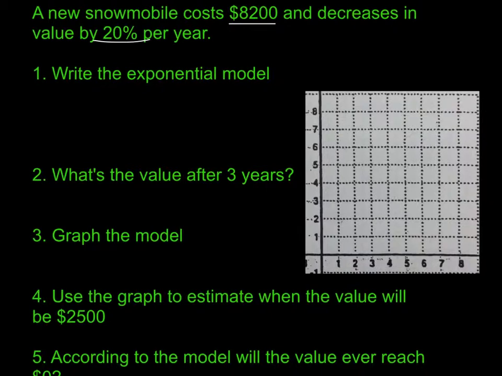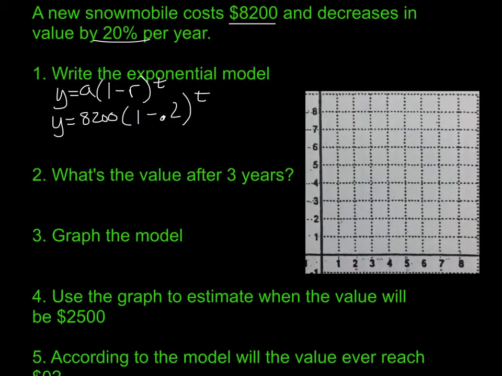And the first thing we're going to do is write an exponential model. So we know that the exponential decay model looks like this. This is just the same thing I wrote previously, y = a(1 - r)^t, and we'll fill in our information. The initial value of my snowmobile is $8,200. 1 minus 20% as a decimal is 0.2, raised to the t.